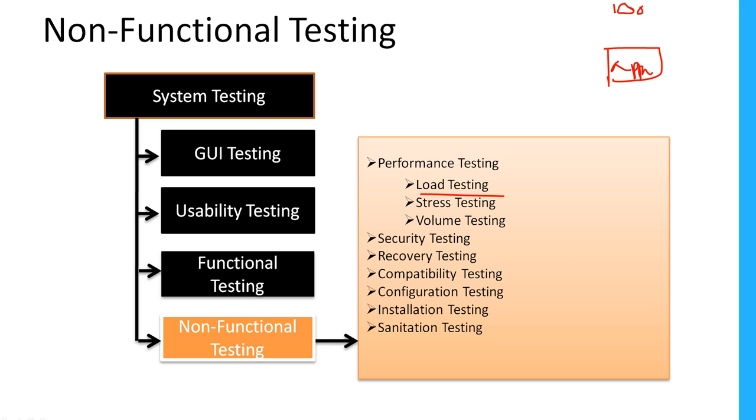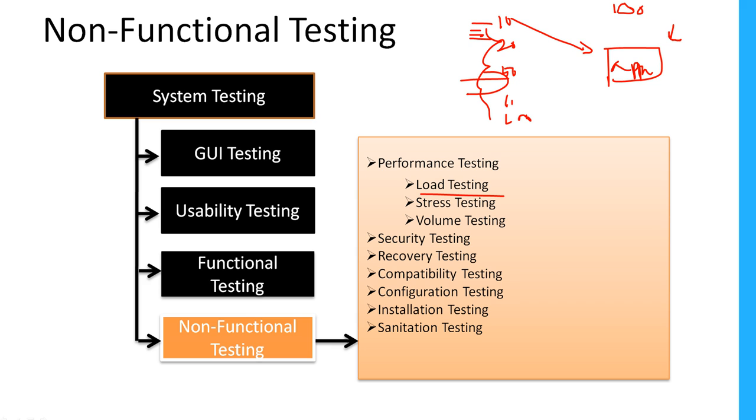What we do here is we start with a few users, let's say 10 users accessing the application and working on something, and gradually we increase the load like 20, 50, 60, and finally till 100, and we verify whether at any point of time the application becomes slower or breaks. We need to focus mainly on this. Okay, so this is called load testing.